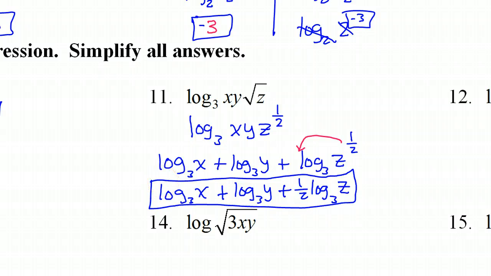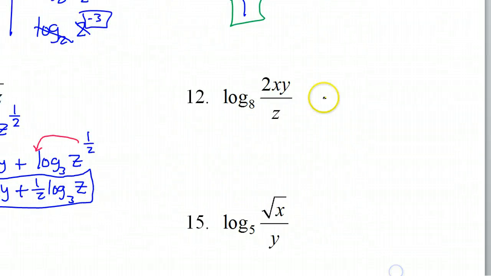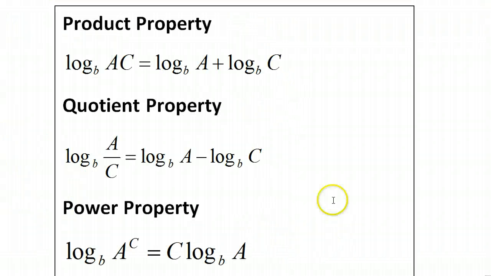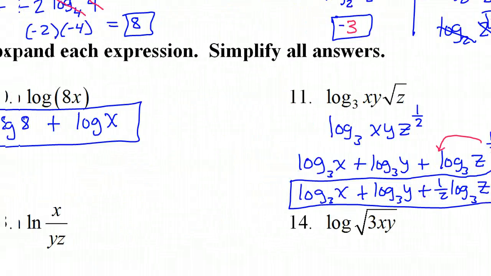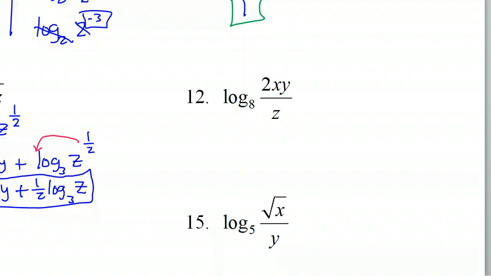Alright, number 12. Okay, it's all about the quotient rule, my friends. Log a over c equals log a minus log c. Yeah, we're expanding, so that's awesome.